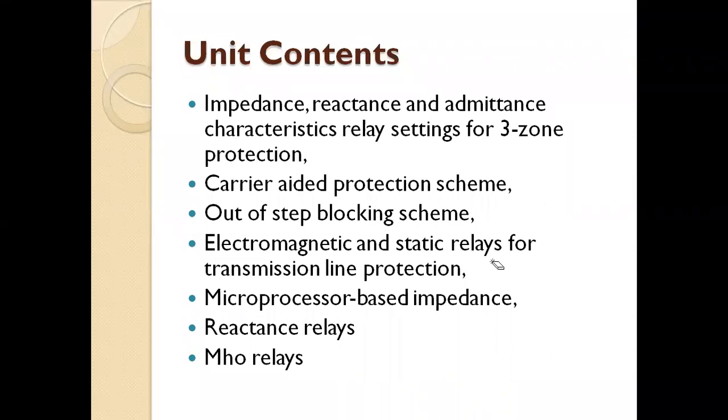Then microprocessor based impedance, reactance, and mho relays. These impedance, reactance, and admittance relays are different, and microprocessor based relays are different. So every relay's construction, working and characteristics we'll see in this chapter. This chapter is important, and it has 7 lectures.